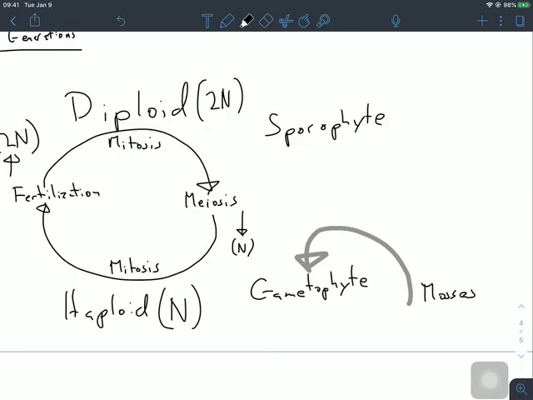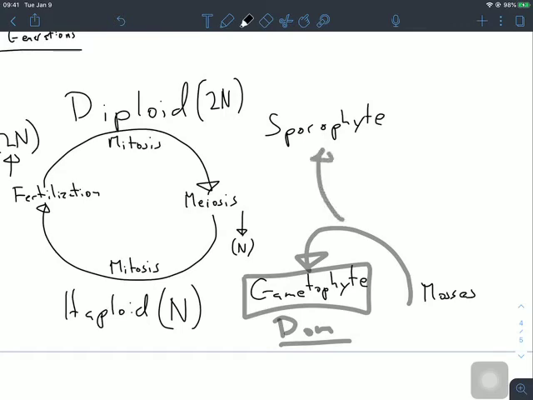That means that when you are laying in a bed of moss in a forest on a beautiful summer day, you are actually laying on the sperm and egg body of the moss. The sporophyte, the equivalent of a diploid, looks entirely different to us. Mosses are gametophyte dominant, but that does not mean that they do not also have a sporophyte. And we'll talk about that in Bio 2.